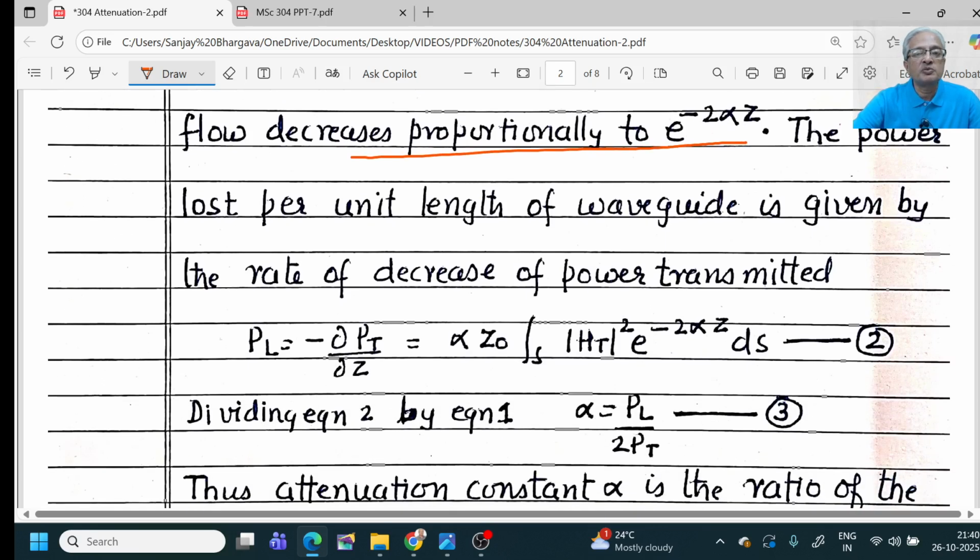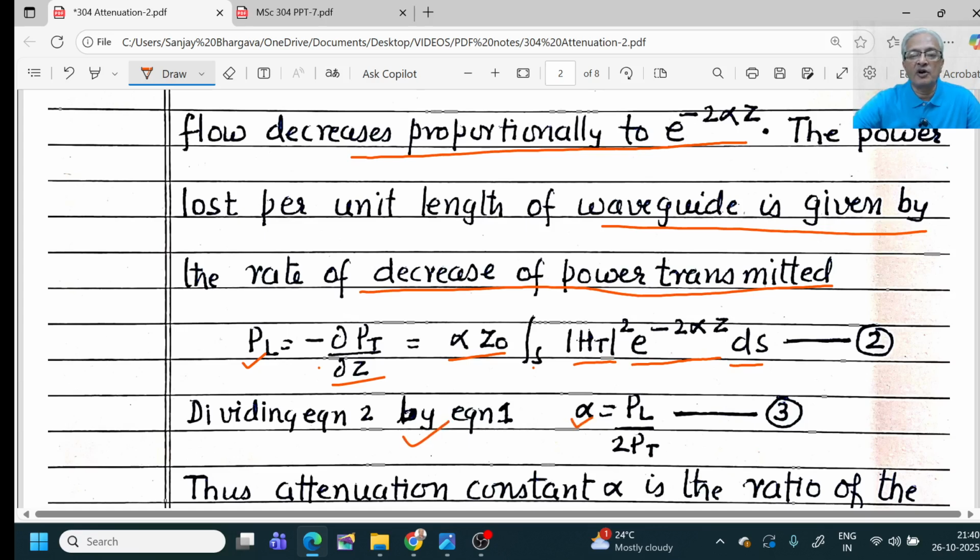The power lost per unit length of the waveguide is given by the rate of decrease of power transmitted. So power lost per unit length is given by minus delta PT by delta z, which would be equal to alpha Z0 integral over the cross section of |HT|² e^(-2 alpha z) ds. Dividing equation number 2 by 1, what do we obtain?